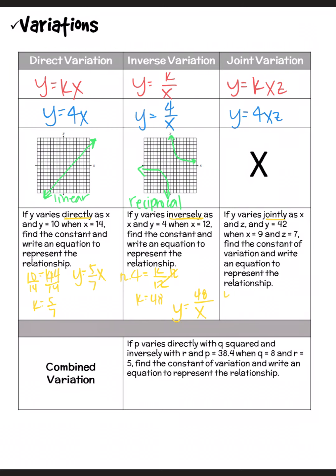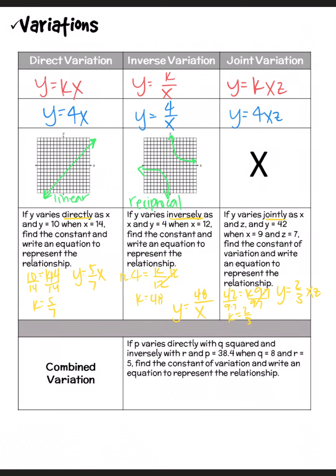So if y is 42, x is 9, z is 7, find our constant and write our equation. So I'm going to divide both sides by 9 times 7. K equals 2/3. So y equals 2/3 times x times z.